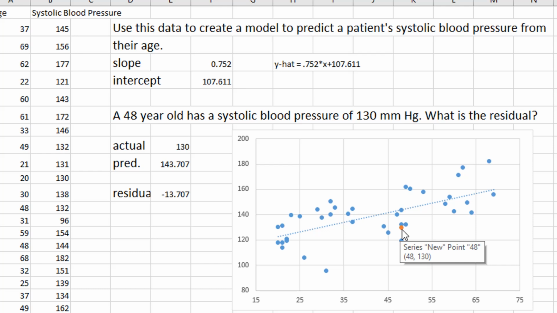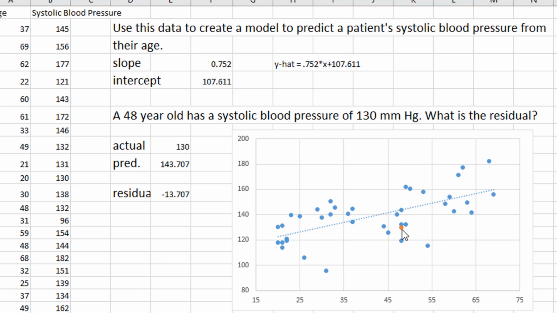So for all those dots that are above the regression line, those all have positive residuals. Remember, the residual is the actual value minus the predicted value. So it's how far above or below that line the dot is. That's what a residual is. And the least squares regression model is the line that minimizes the sum of all of the squared residuals.